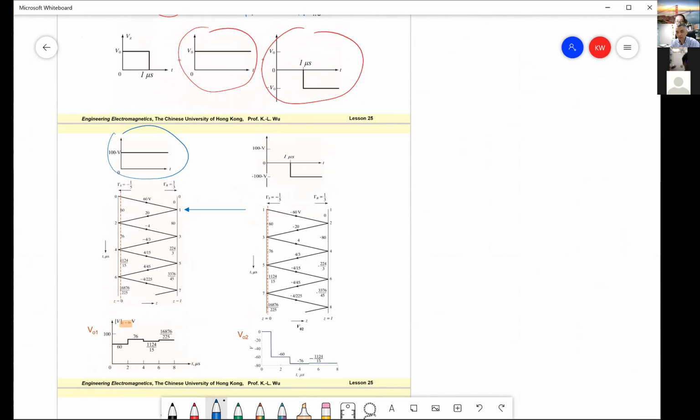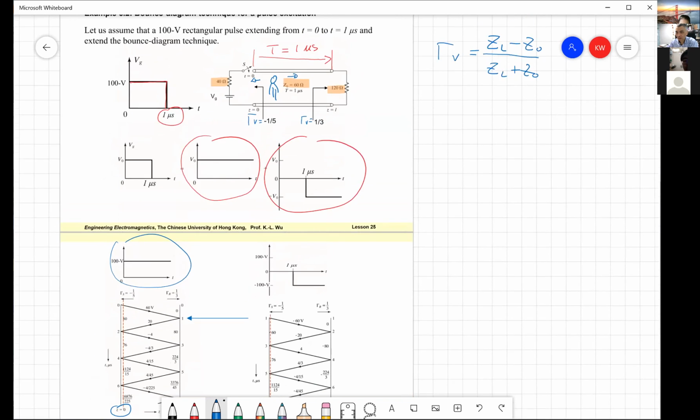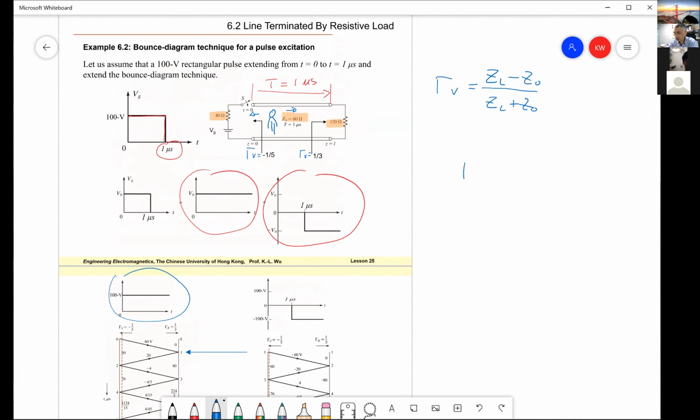We have a step function, and when we look at z equal to 0, except at the beginning, how we got 60 volts is because at the beginning the source circuit is 40 and the line impedance is 60.